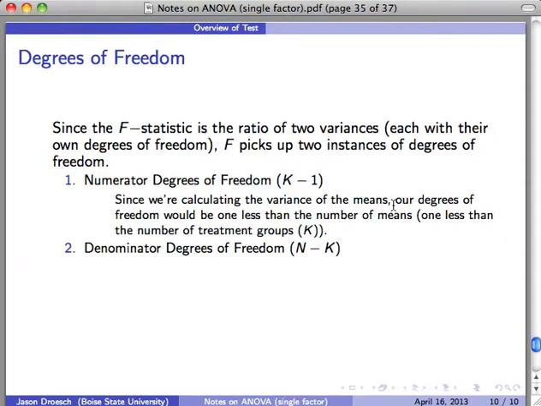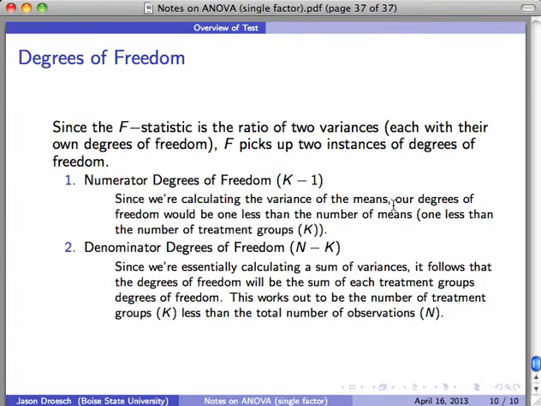Now, for the degrees of freedom for the denominator, we are talking about essentially the sums of the variances, but really it's the average variance. In computing the average, we're looking at the sum. So the degrees of freedom for the denominator is going to be the sum of the individual degrees of freedom making up that variability calculation. Each treatment group has its own degrees of freedom, n-1 for each one.